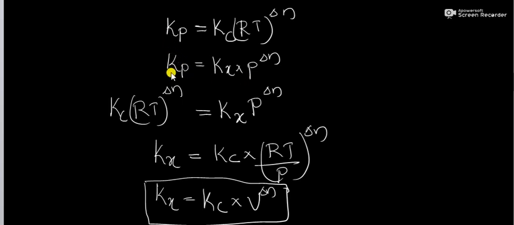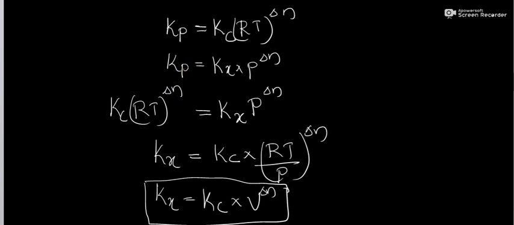So we can equate these two equations: Kc into (RT) raised to delta n equal to Kx into P raised to delta n. Or we can write Kx equal to Kc into (RT divided by P) all raised to delta n. We know that RT by P is equal to volume V. So we can write Kx is equal to Kc into V raised to delta n.